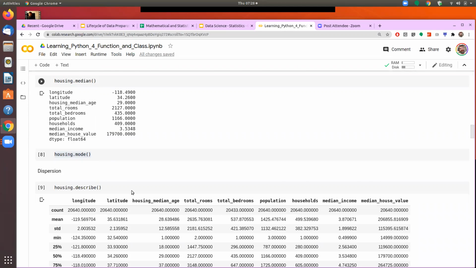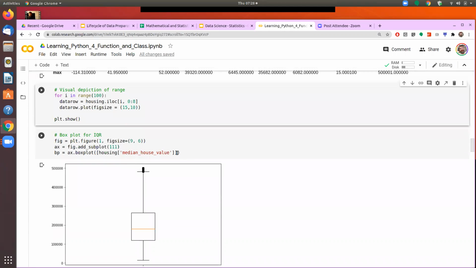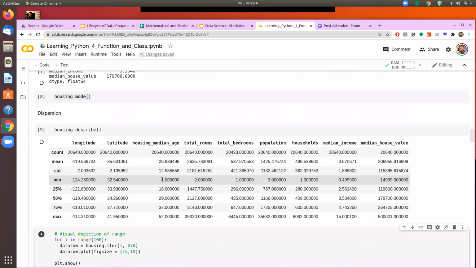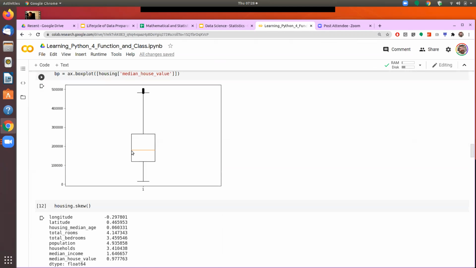Which field are we drawing here? The median house value. There is some problem. This one is actually the mean, and this is the first quartile. Sorry, this is the 50%, so that's the mid quartile. This one is the first quartile.